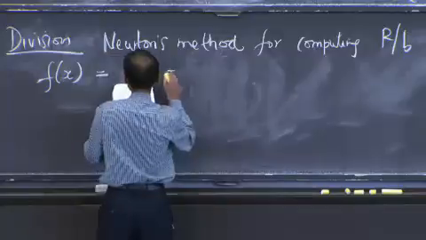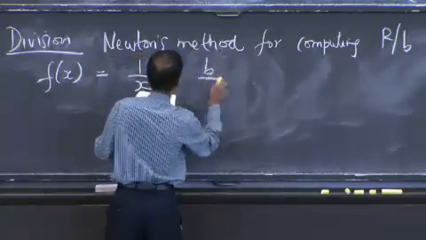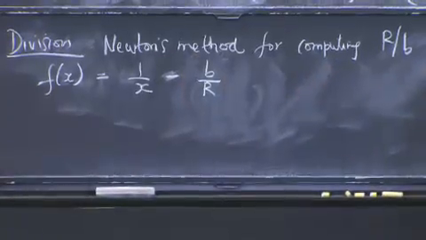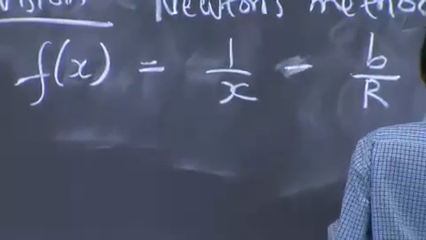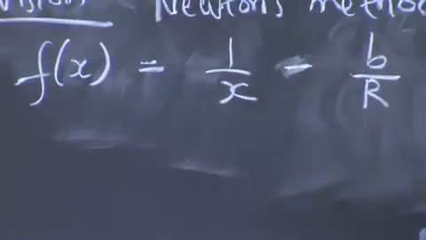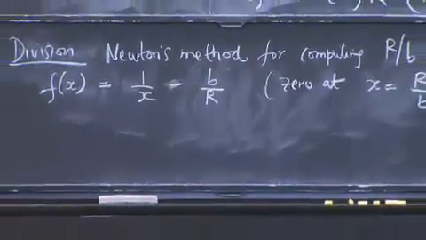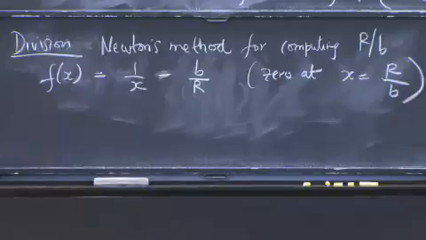I'm going to set up a function, f of x equals 1 divided by x minus b divided by r. Okay? So what this means is that this function has a 0 at x equals r divided by b. So if I try and find the 0 of this function, and I start out with a decent initial guess, I'm going to end up with r divided by b.